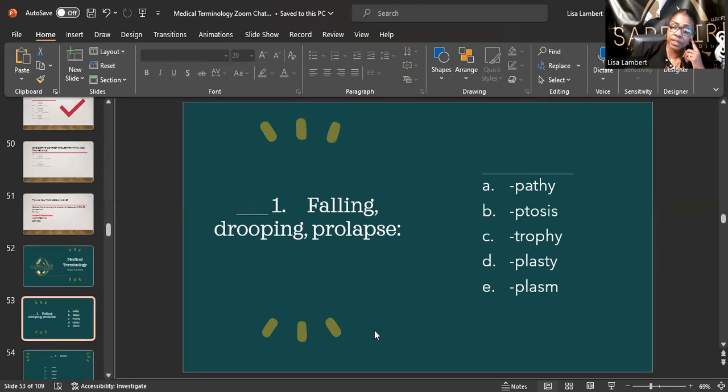Remember, we did the prefixes and the dash was in the back, right? You know this is not the root word because the dash is right here. Then the words: pathy, ptosis, trophy, plastic, plasm. I love this one because these are so easy. You're going to get this quickly. What is ptosis? Trophy, pathy.